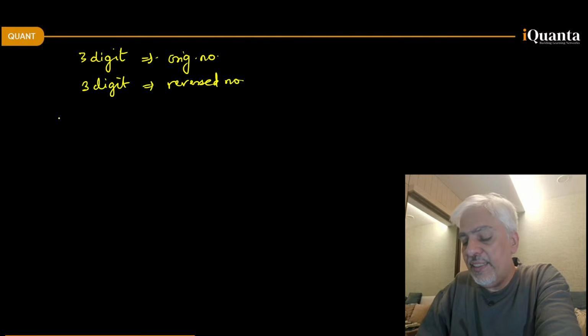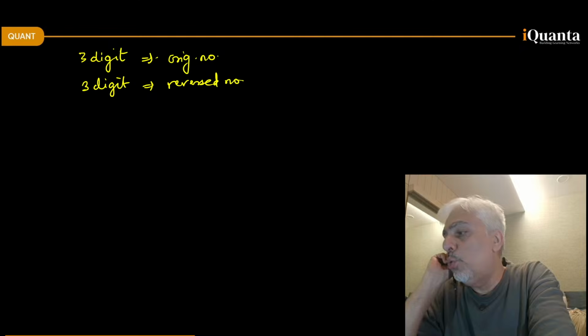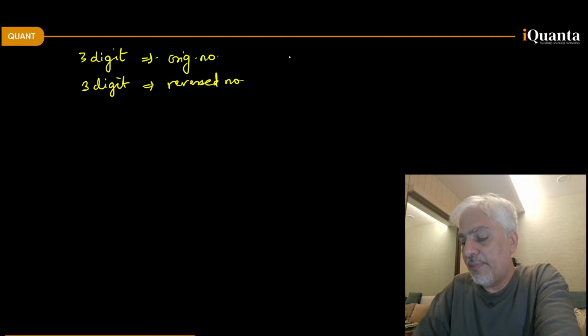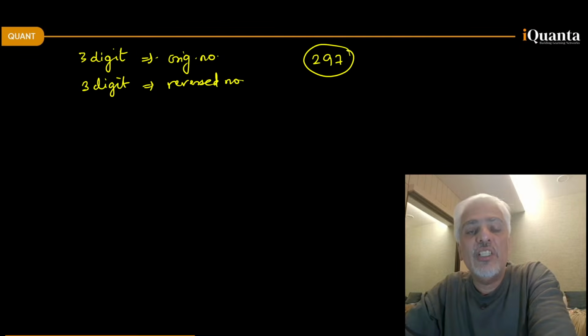They have said that the reverse number is bigger than the original number by, say, 297. So when the number is reversed, it increases by 297. How many such numbers can we form?